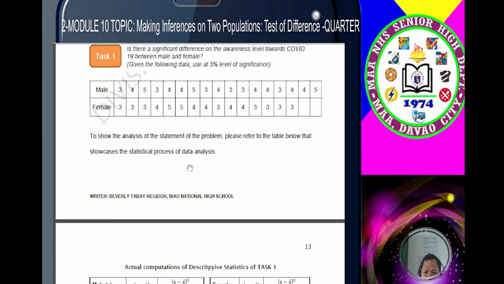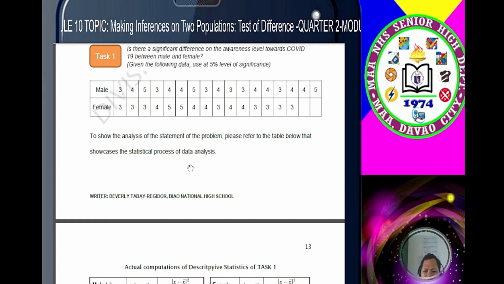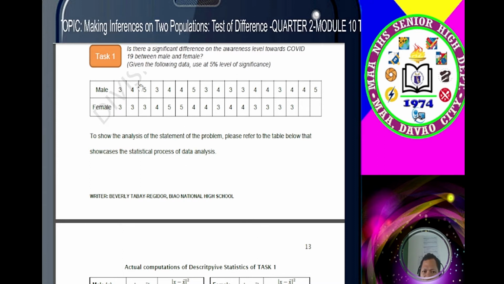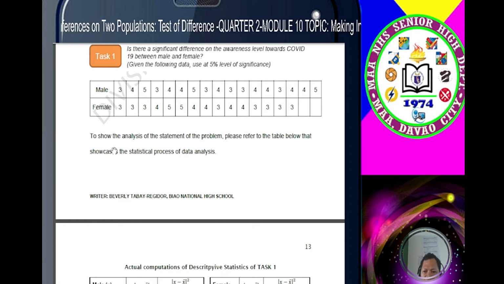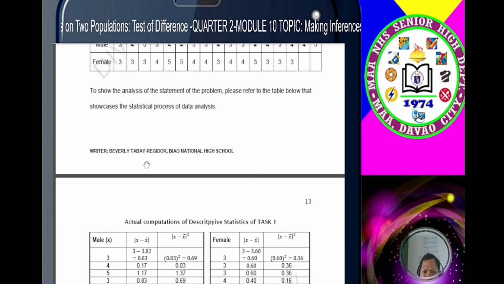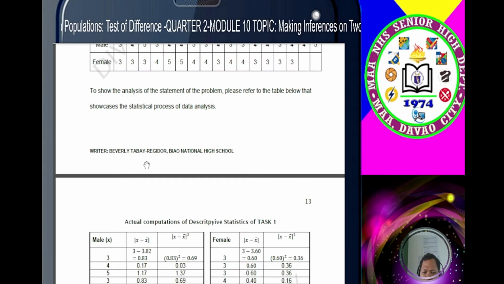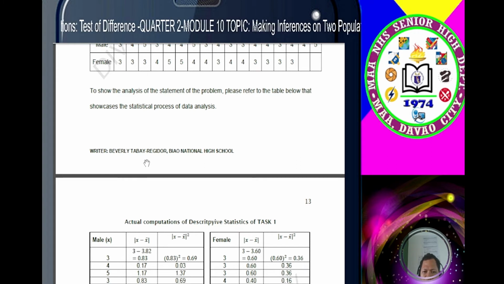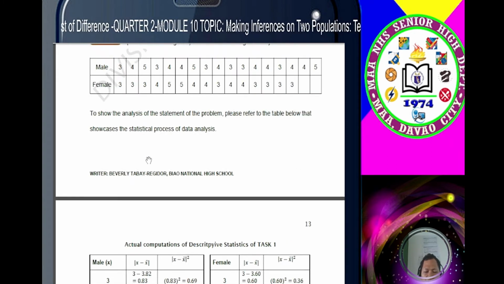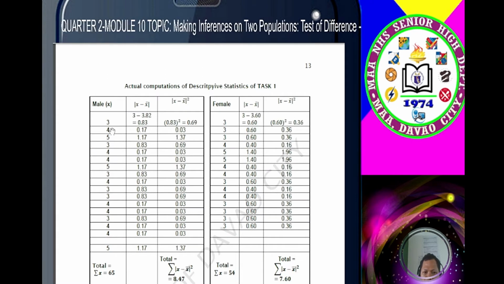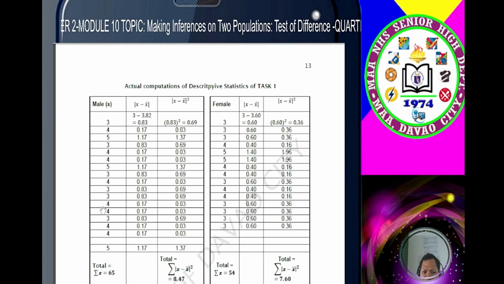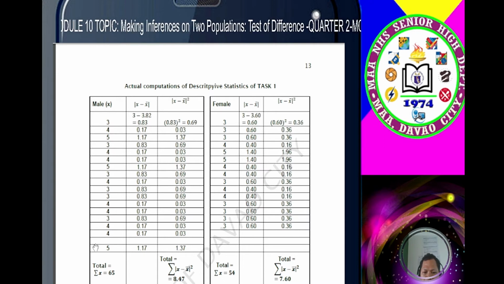So that is your clue on what type of t-test to use. Since it's categorical, you can use the independent sample t-test. Okay, here's the computation. First you need to compute the mean of the male and female. Okay, so our total here is 65. Here are our values for male.